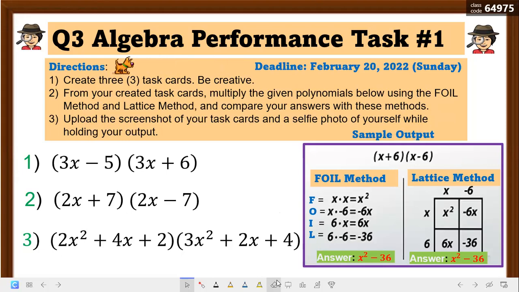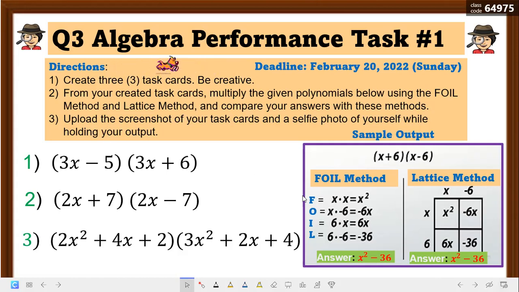From your created task card, multiply the given polynomials below using the FOIL method and lattice method, and compare your answer with these methods. 3. Upload the screenshot of your task card and a selfie photo of yourself while holding your output. Okay, very good. Malinaw yung pagkakabasa ni Janine Sofia Ligarda.